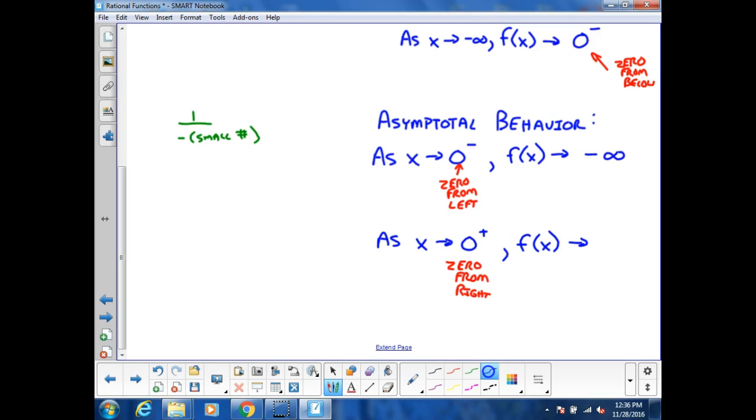It's going to where? Which one? Positive, because now I'm on the positive side of 0, and as I get closer and closer, that number is going to be a small number, but it won't ever be 0, so I'm going to positive infinity. Okay?